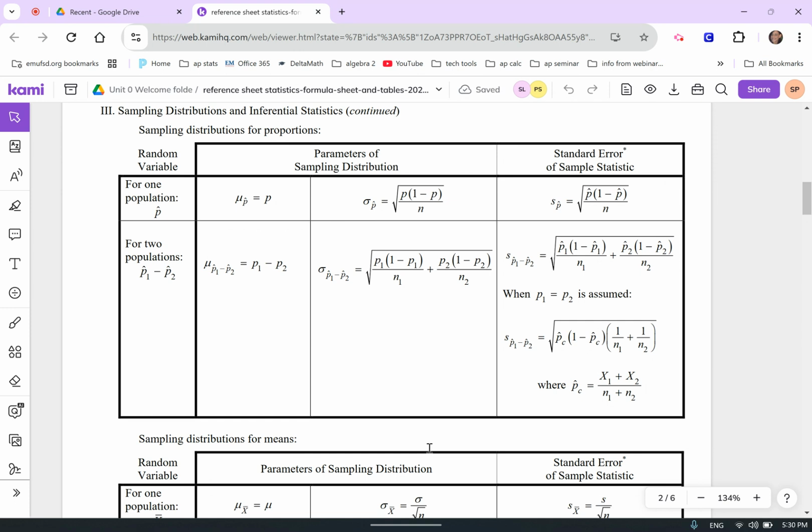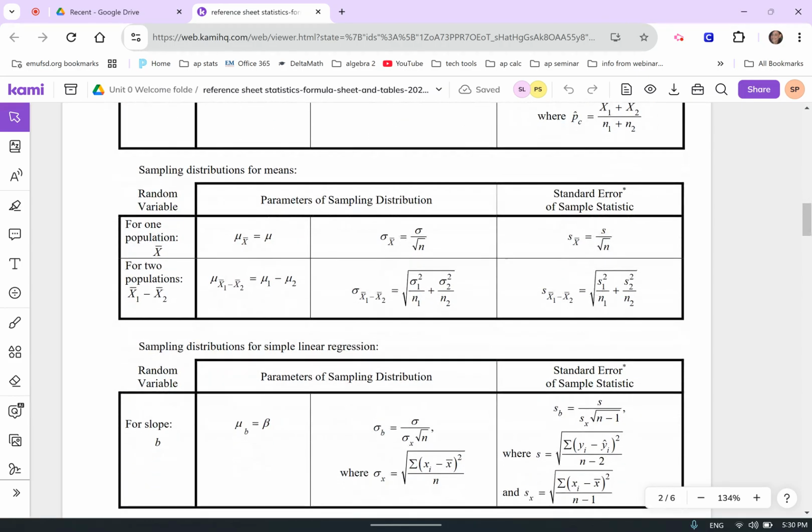And then because we don't know P, we can't calculate the population standard deviation, but we can calculate the sample standard deviation, and that's SP. Notice they changed the symbol name. Square root of p hat, q hat over n.